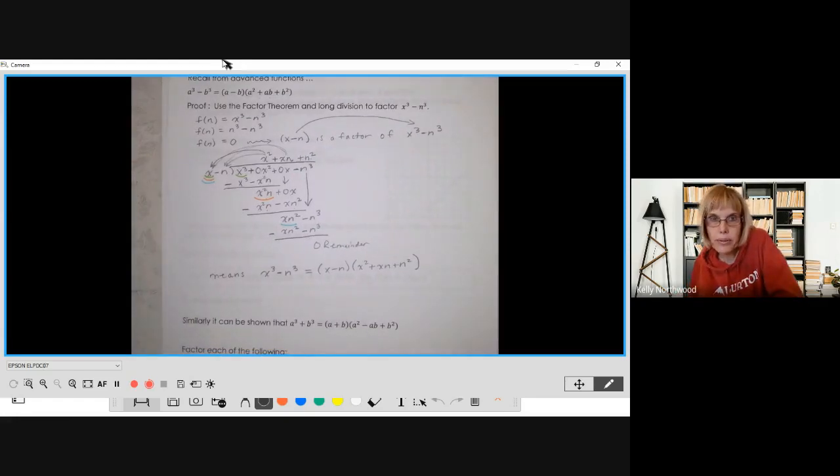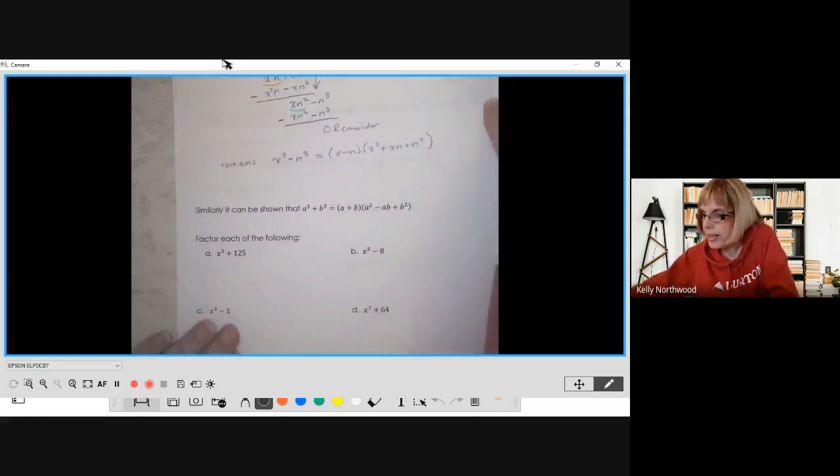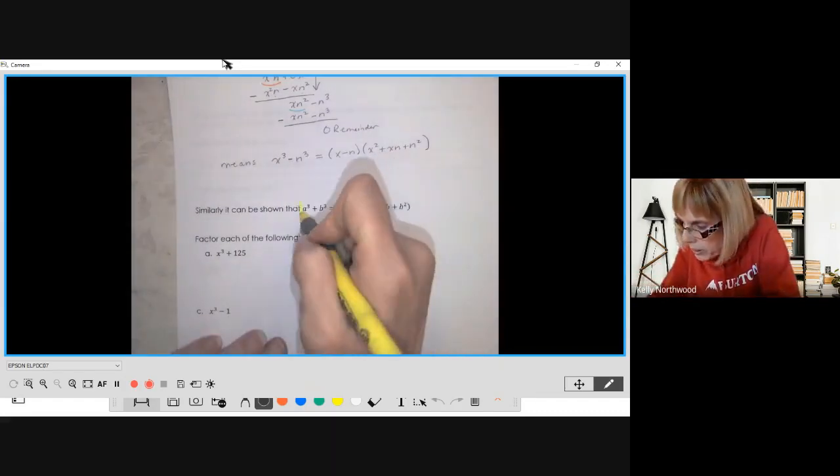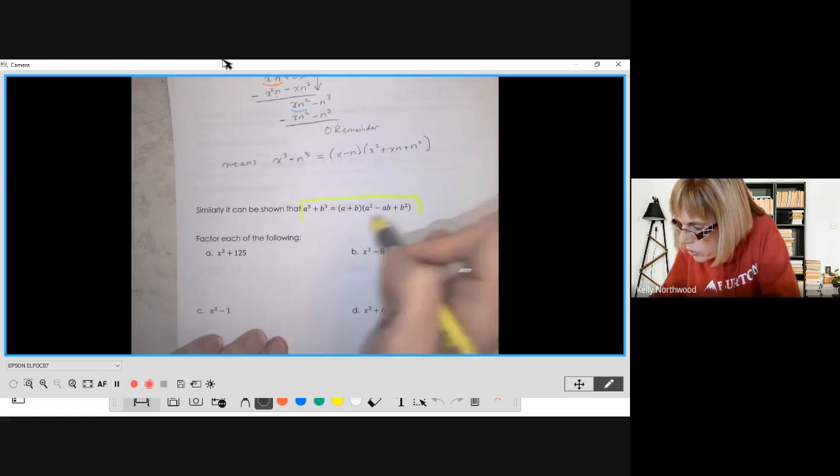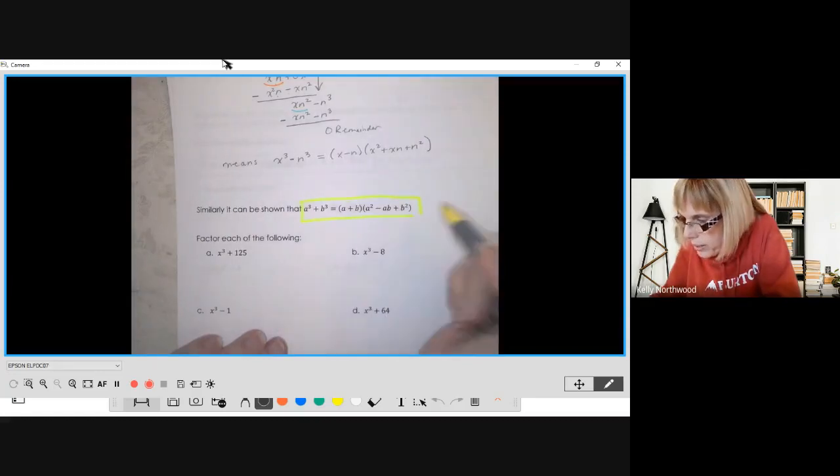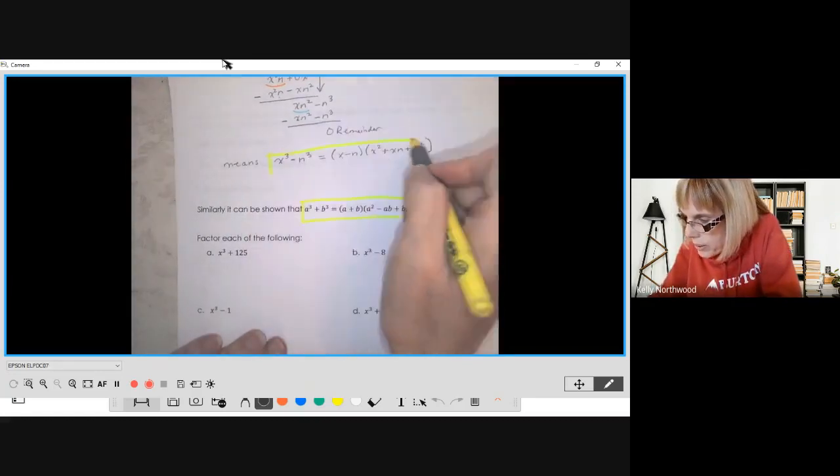So that's the proof of how to factor a difference of cubes. Here's my, I'm going to put this one in a box here.